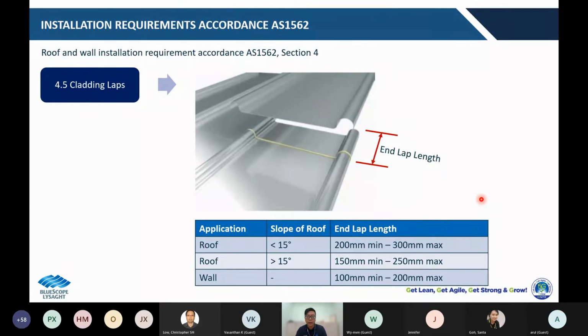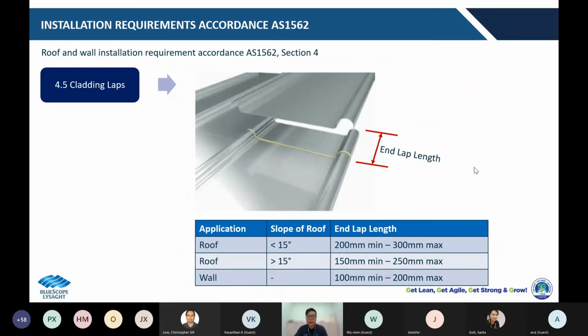You cannot do it in full length. You will be having this end lap on site, which means you lap it piece by piece on site to form the full length on the roof. So we have some end laps on site, but what is the end lap length? For you to assess whether the contractor does it correctly or not, this is the thing that can assist you accordingly.